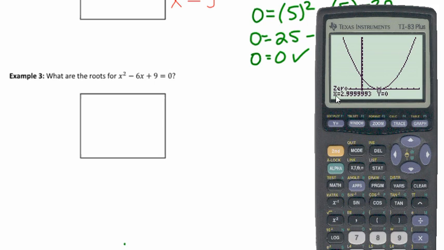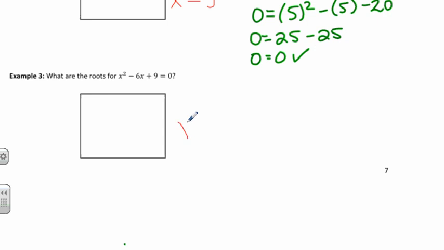Guess, 2.999, which is very, very close to 3. So we'd say our x-intercept is at 3, which is also our vertex here, our lowest point. X equals 3. It's 3.